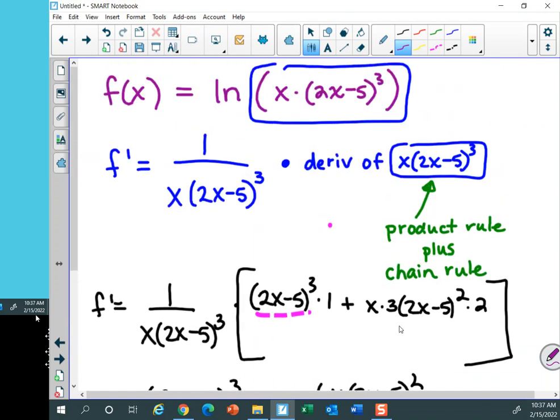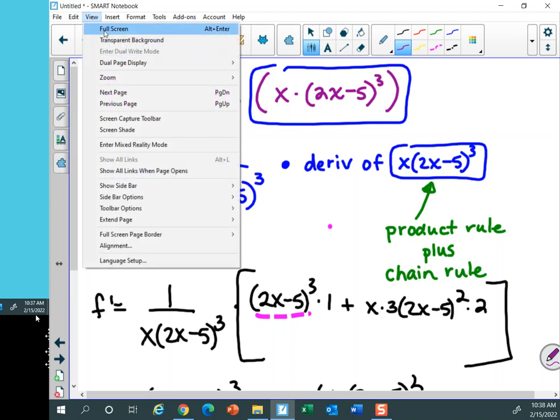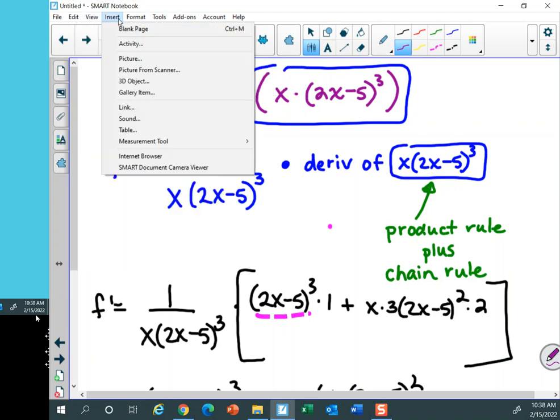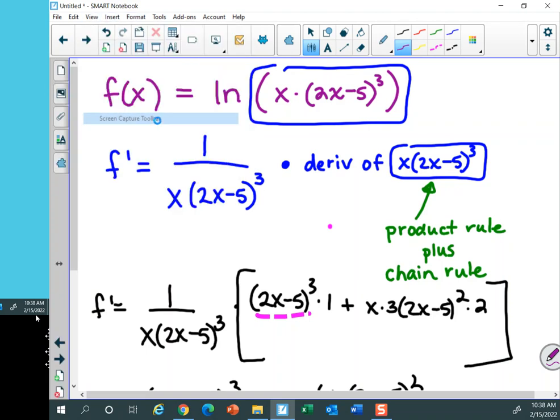Okay, so that's the big scary way. Let's take the easy path. Or easier. We're going to use a trick that's going to help us. We're going to rewrite this function. I'm going to grab it.